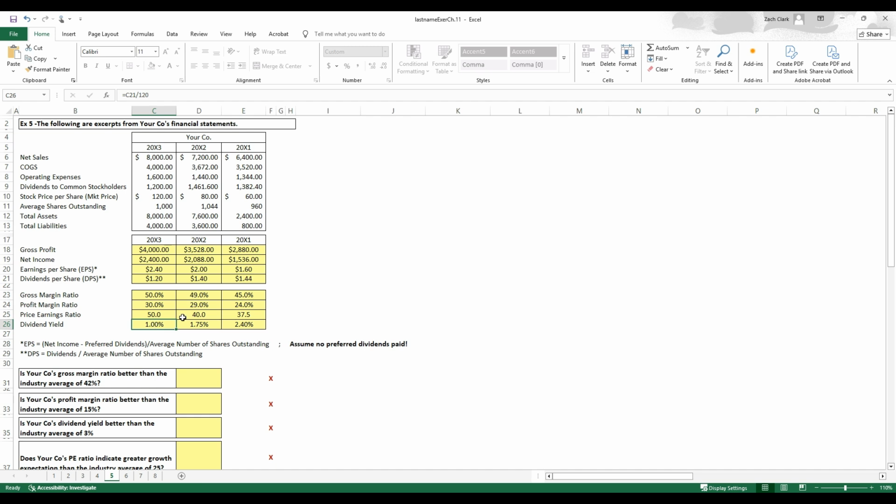So it's not necessarily taking into account the stock appreciation or changes in the market value of the stock, but solely from the dividends. So here, it's $1.20 of dividends per share, but each share costs $120. So it's a 1% return, relatively low, but that's just from the dividends alone.